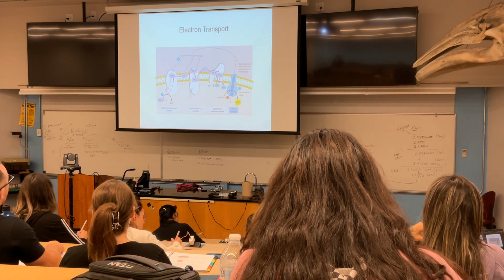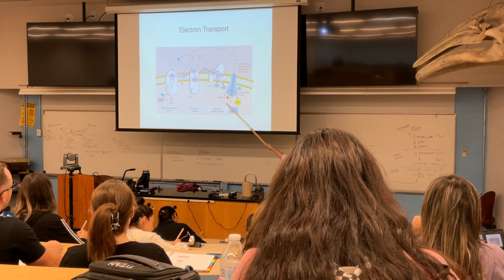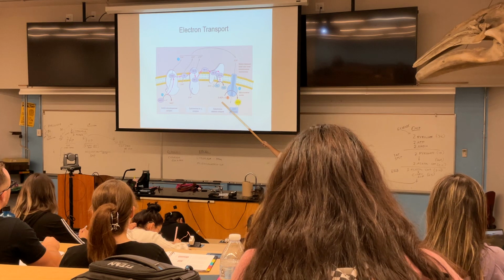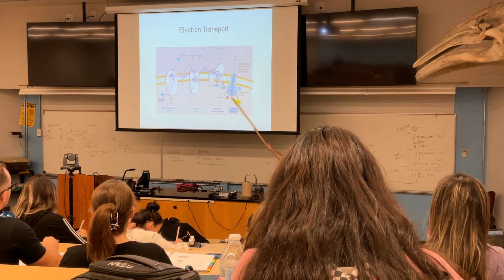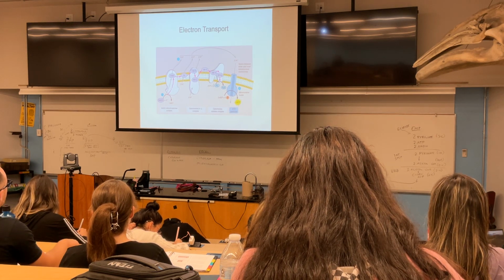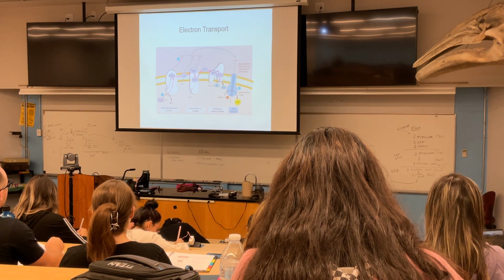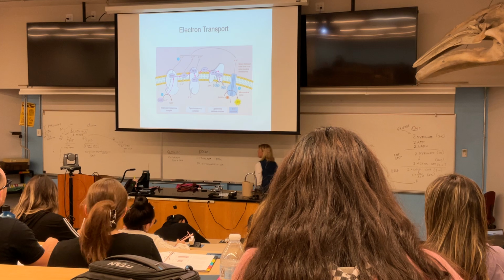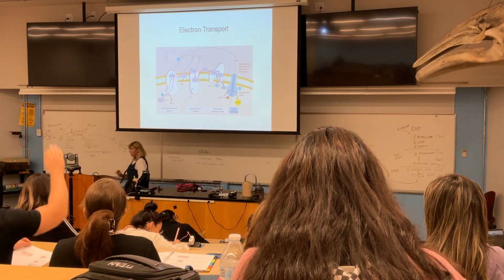And those energy waves are enough energy to start attaching phosphates onto ADPs. So this thing, like I said, will actually spin and attach phosphates to ADPs. And I'm going to generate a boatload of ATP. Finally, I'm getting a lot of bang for my buck. I'm finally getting a lot of ATP here.